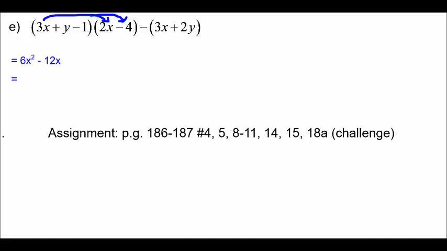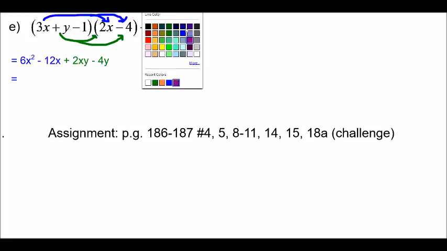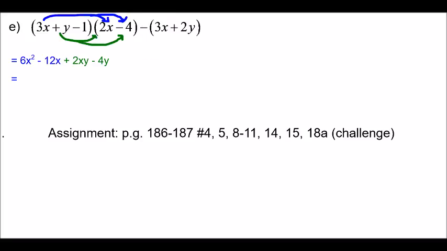My next step, I will take and multiply my positive y by my 2x and by my negative 4. That's going to give me this green set of terms of 2xy minus 4y. And my last step here, I'm going to multiply my negative 1 by my negative 2, by my 2x, and by my negative 4, giving me this purple set of terms, negative 2x plus 4.